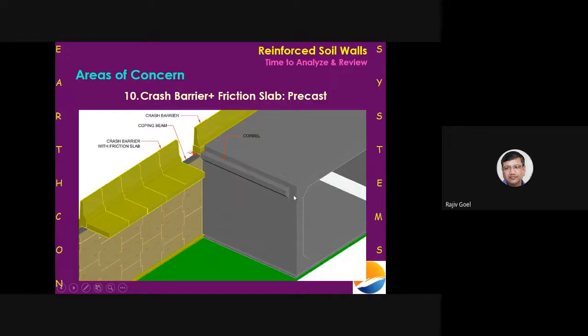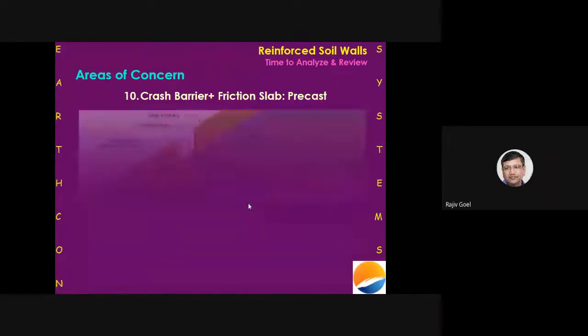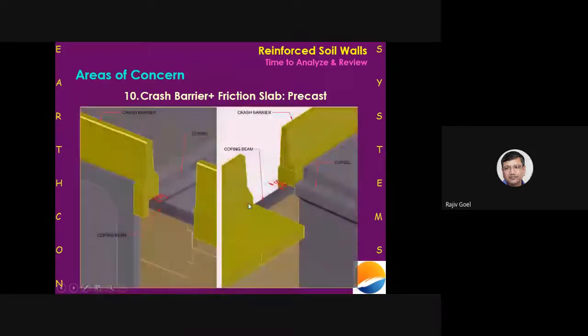From this side also, I'll have another RE wall being done here. And this crash barrier is continued for 300 millimeter more, so that later when I bring my precast crash barrier, which is resting on the fill on the RE wall, that crash barrier can be started from this point onwards. I hope I'm able to convey what I want to say.